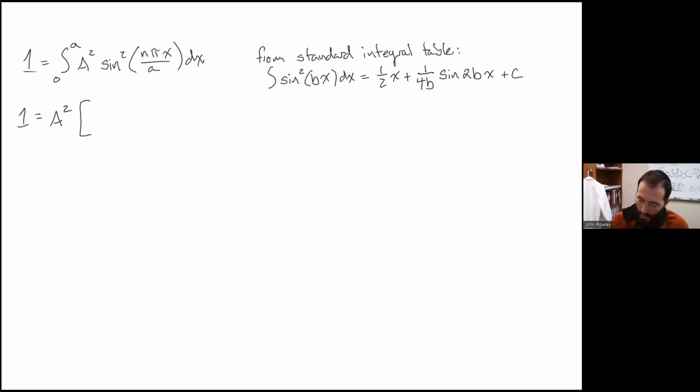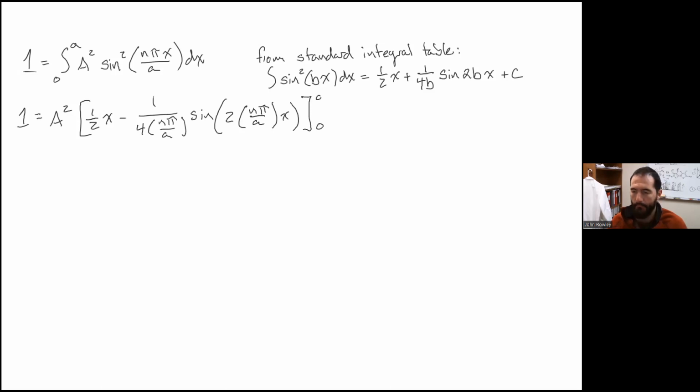And that would be 1/2 x minus 1 over 4 n pi over a sine 2 times n pi over a x, and then we need to evaluate that from 0 to a. So I've simply replaced all the b's in the standard integral with n pi over a.